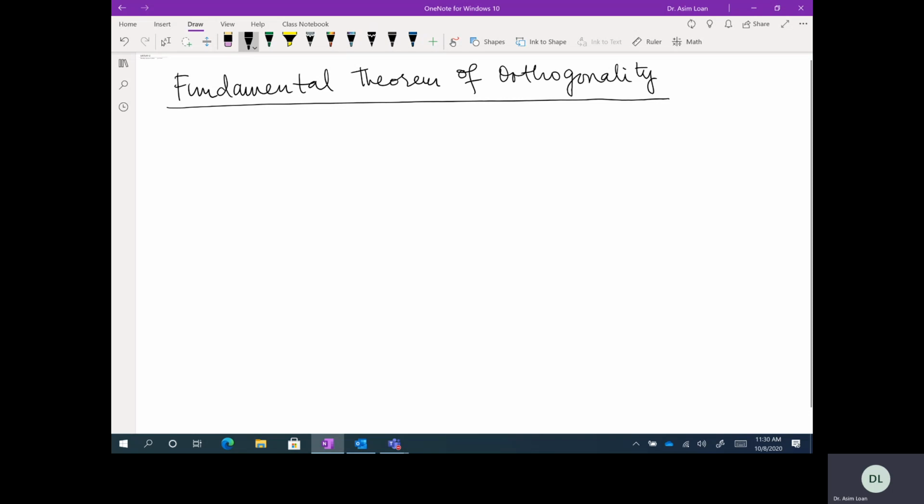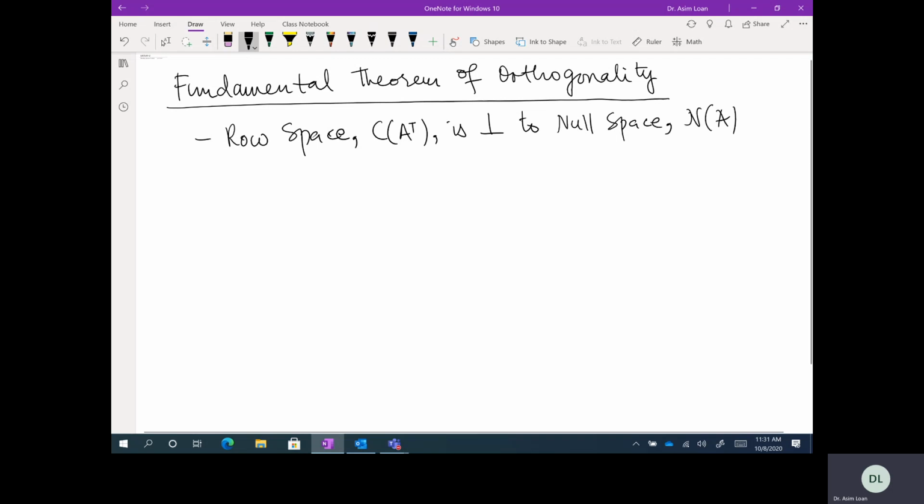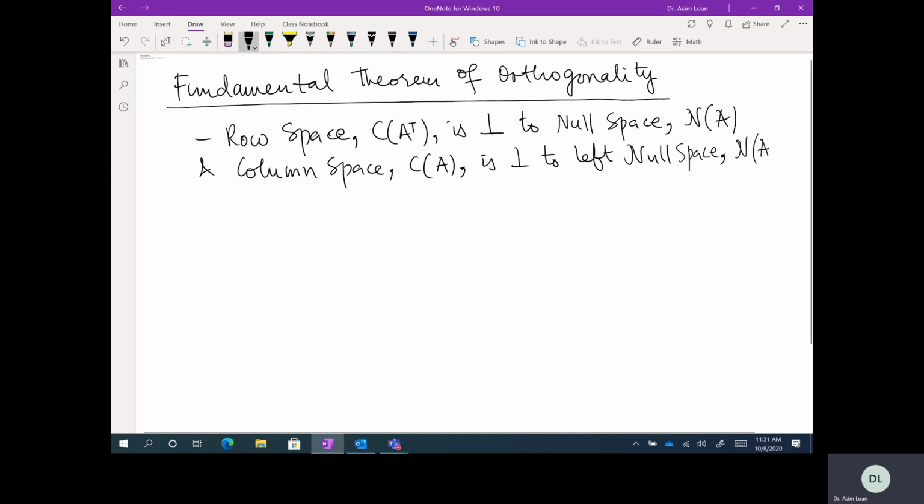The fundamental theorem of orthogonality is: the row space, which, if you recall, is the row space of matrix A (m by n), is orthogonal to the null space, which is written as N(A), and the column space is orthogonal to the left null space, which is the null space of A transpose.